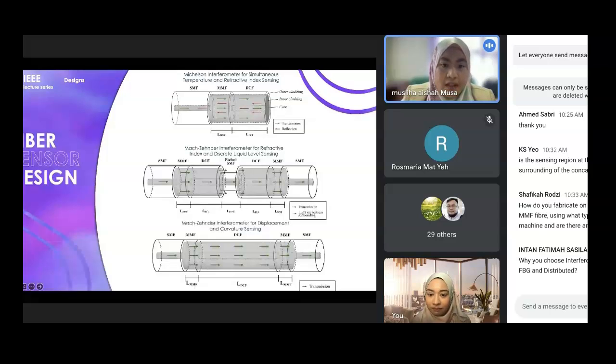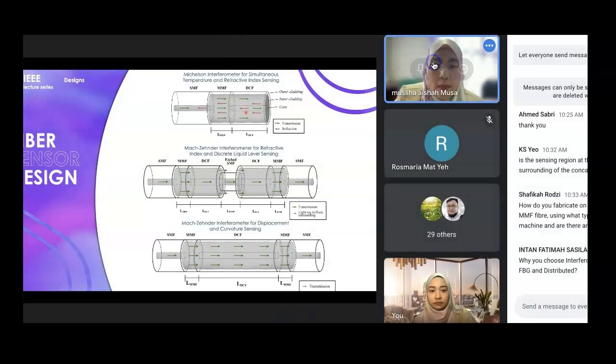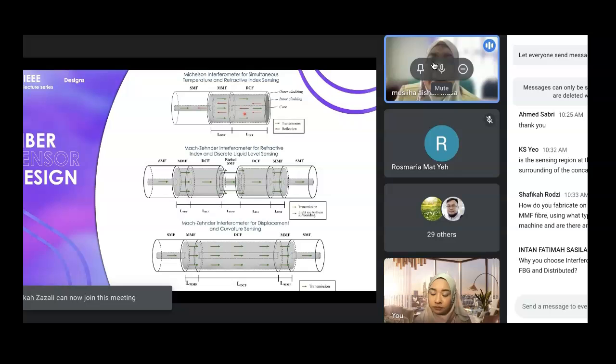Laser pointer, okay, there. So this one I use for temperature and refractive index. At the tip of the fiber, we can sense the refractive index because the light travels. Here we use a Fresnel reflection, so that the light will travel to the surrounding and then go back into the fiber.